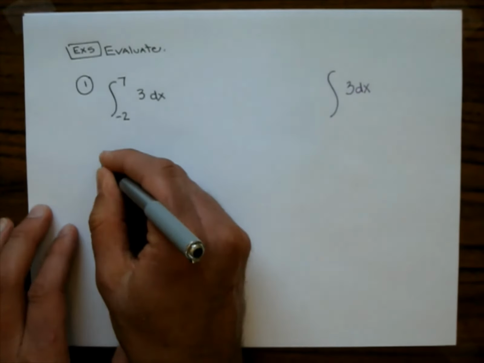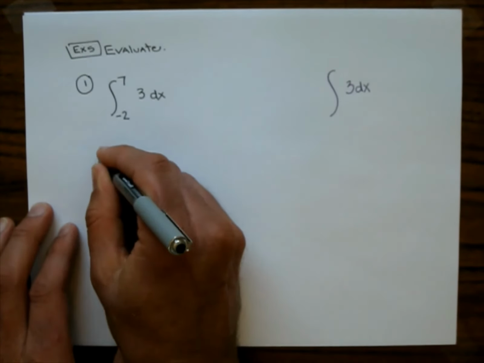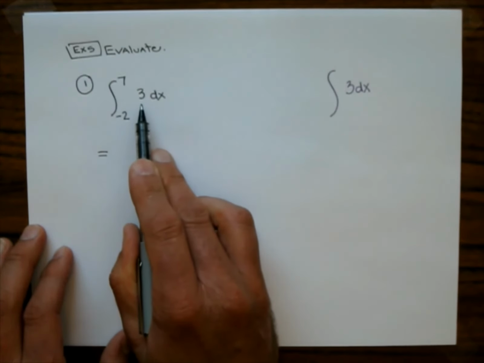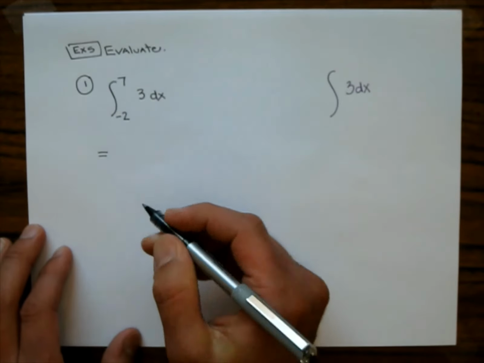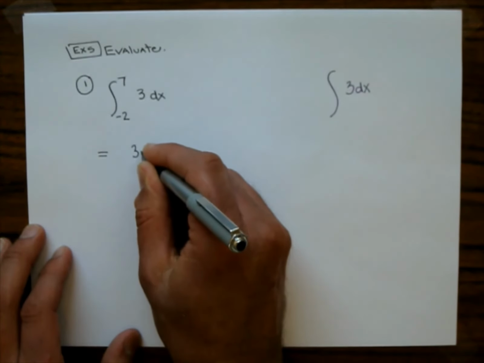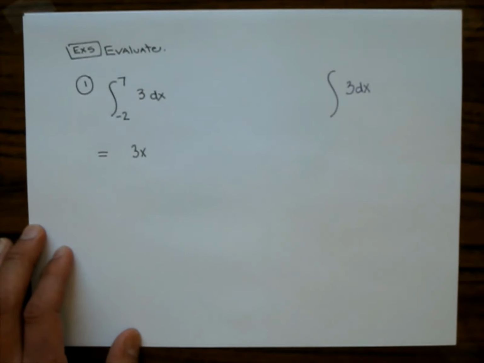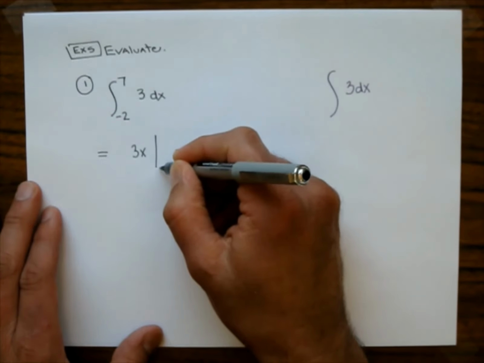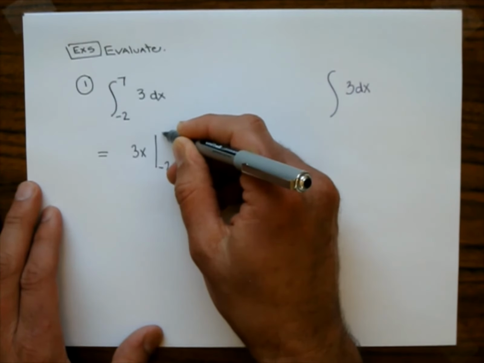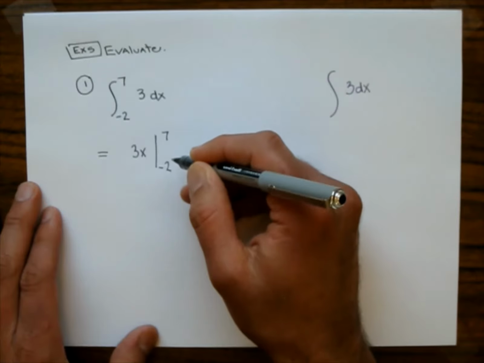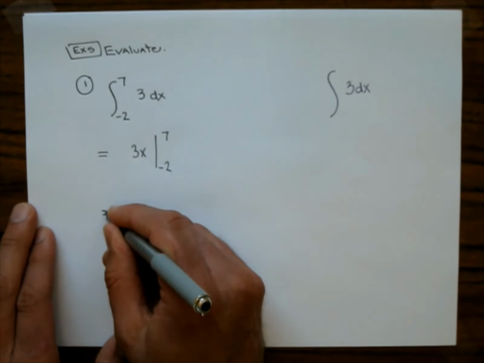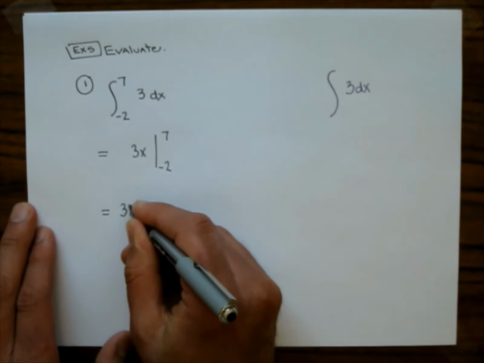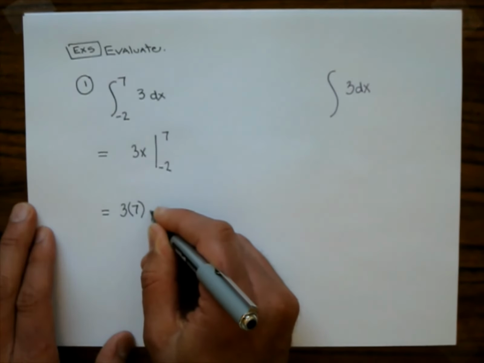So what we do, I'll come back and do the purple one after, is the fundamental theorem of calculus says to do this. We take the antiderivative of 3, which is 3x. Okay? And then, this is the notation for it. We evaluate this at these two numbers here. So what the fundamental theorem says is we evaluate this guy at 7, and then we subtract.